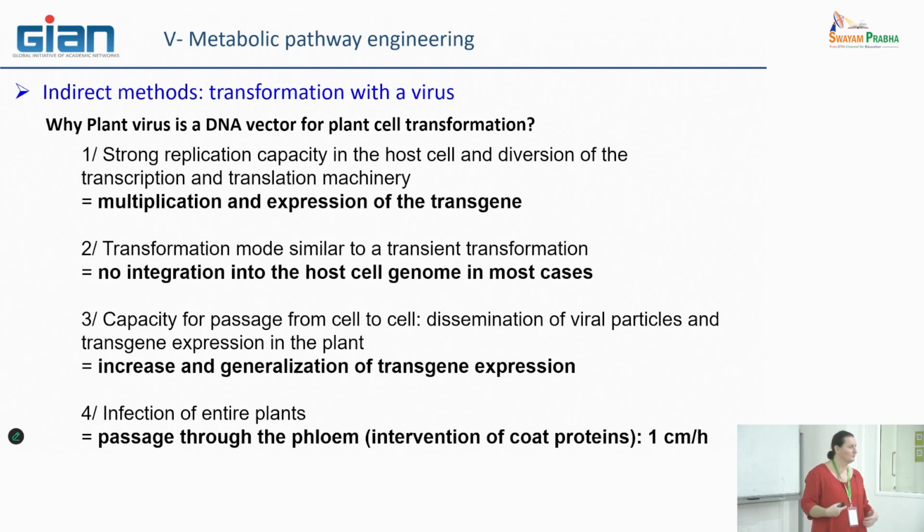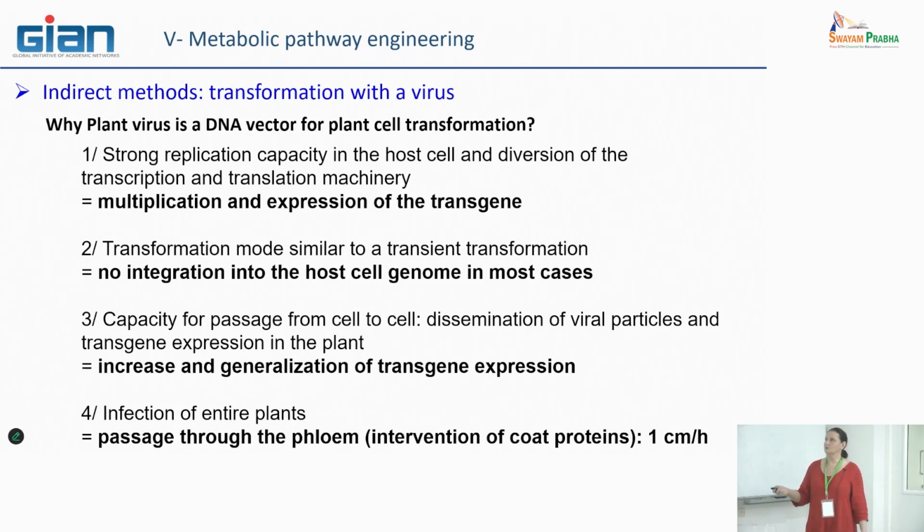In this way, you can have a very high expression of this enzyme in your plant cells. So it's also a way to characterize one enzyme activity in vivo, for example, if you can produce it in high quantity this way.